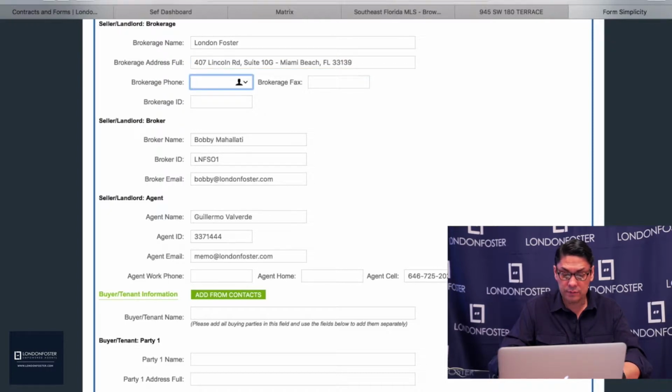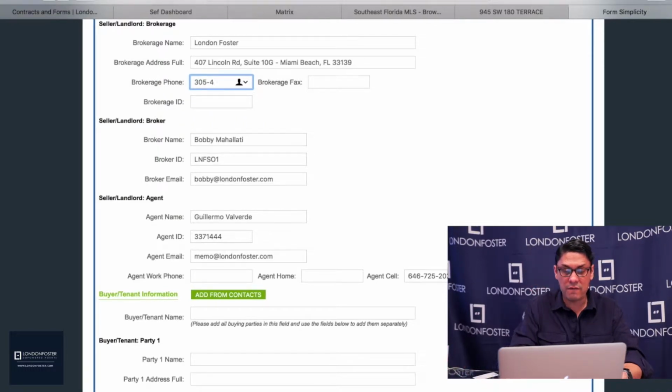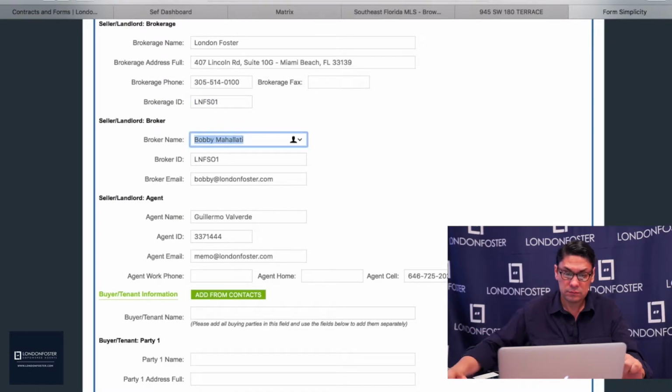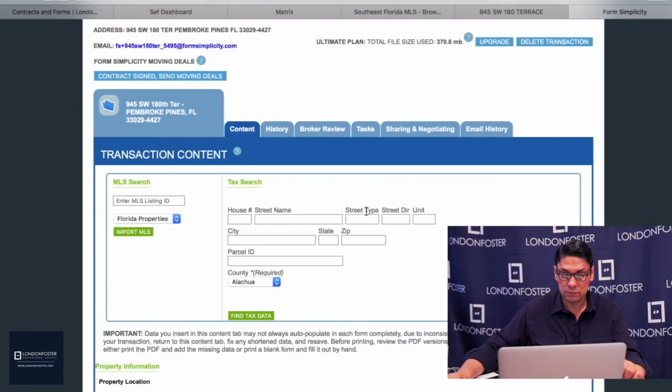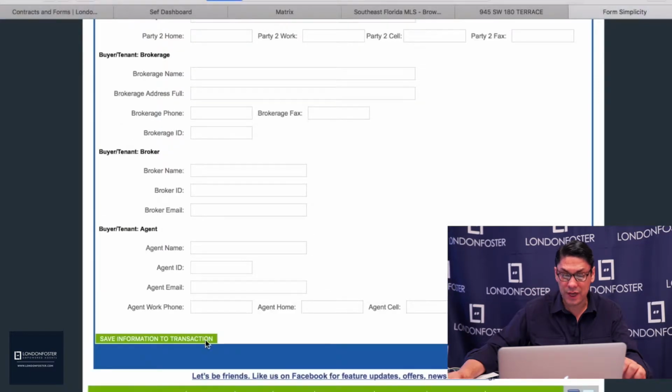The phone number, which is 305-514-0100. Okay, and once you have that all written out, you're going to save it.